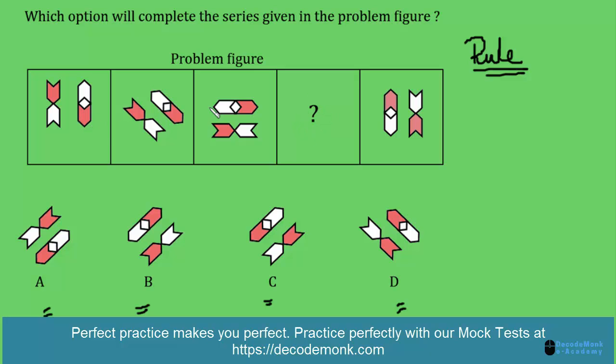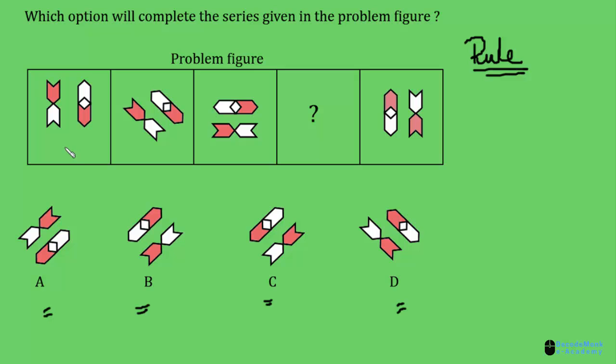So you see over here the very first figure has two small figures. Both figures are made of arrows, you can see. When you go from the first figure to the second figure, we can see that this whole portion has tilted from this position to this position.